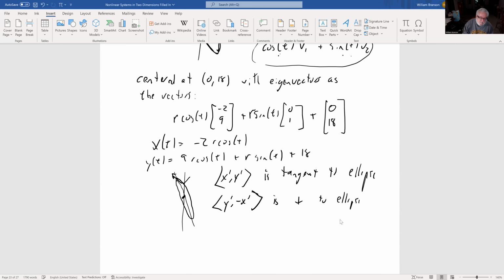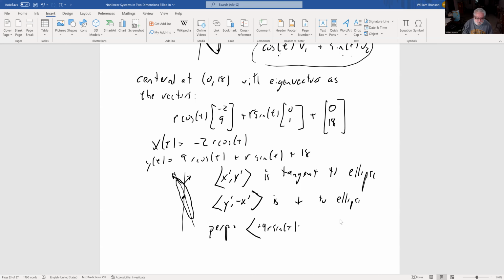And in that case, it's actually pointing out like that. So for the perpendicular vector, we take the derivative of y of t with respect to t, and you get minus 9r sine t.